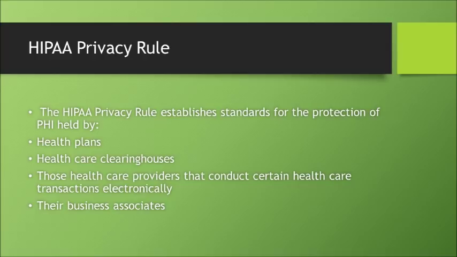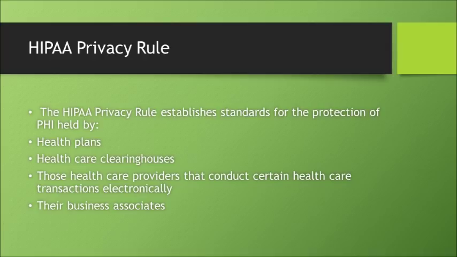The Privacy Rule gives patients important rights with respect to their health information, including rights to examine and obtain a copy of their health records in the form and manner they request and to ask for corrections to their information. Also, the Privacy Rule permits the use and disclosure of health information needed for patient care and other important purposes.